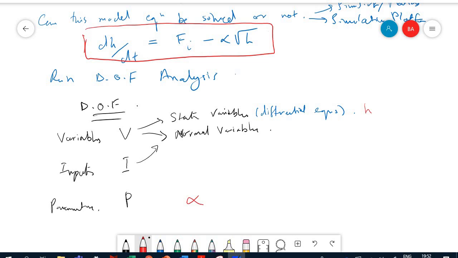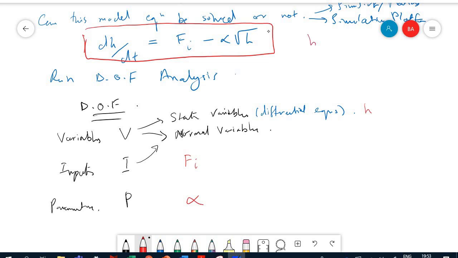Either I'm going to give you the values of CV and so on, or most probably I'm going to tell you alpha is equal to 0.9 and that's all. So I'm going to give you the value of that constant. And if you go to the inputs, the input in this case is only Fi, which is the flow rate in, which depends on the power of the pump. So if you look at what I have in this equation?